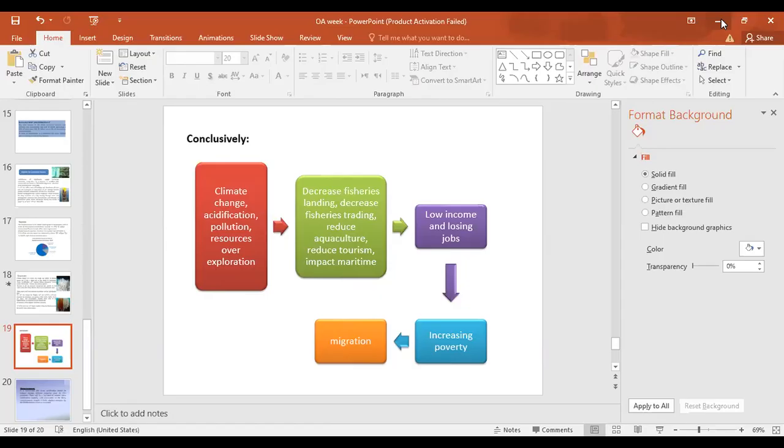In addition, for the African countries, for the East Africa countries, we started working on this: how setting marine spatial planning can conserve our marine resources and decrease the impact of ocean acidification.